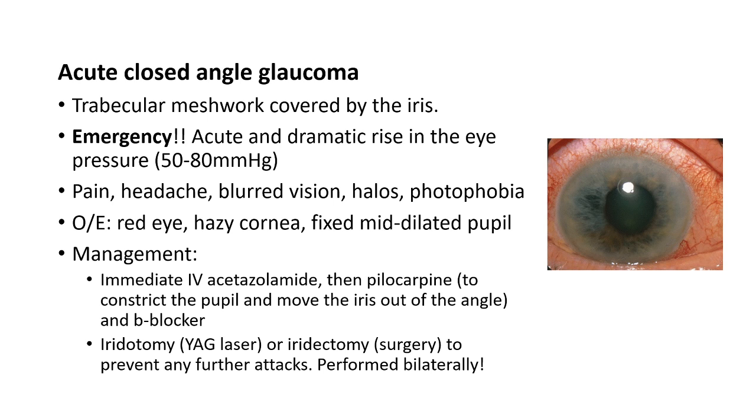It is important to note that surgical iridectomy or the laser iridotomy should be done bilaterally, even if only one eye is affected, because glaucoma can affect the fellow eye as well.